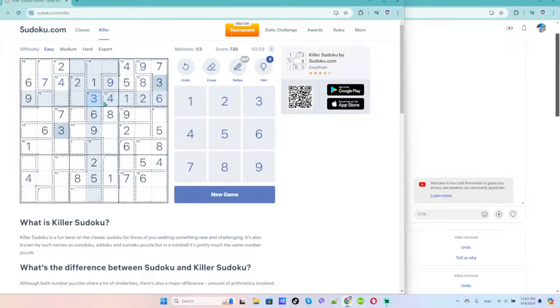And a 3 goes here. 3 plus 6 equals 9. And the 7 goes here. I didn't see the borders of this pattern. It doesn't matter. Number 5 goes here. Oh, it gives me the solution of this cell.